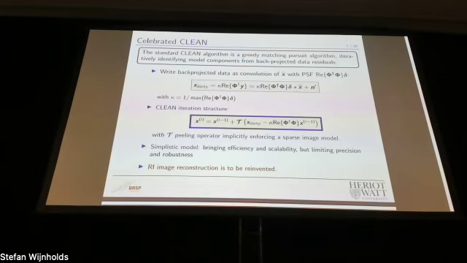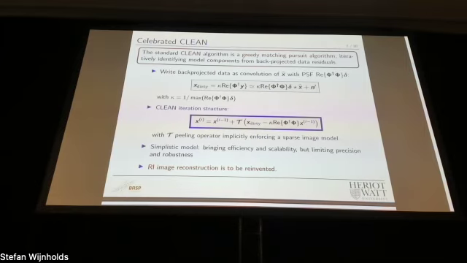And the CLEAN iteration is basically alternating between the major and minor cycle, where the major cycle is computing the residual, deducting the back projection of the current image estimate from the dirty image. And then the minor cycle is peeling the points that we want to add to the reconstruction.